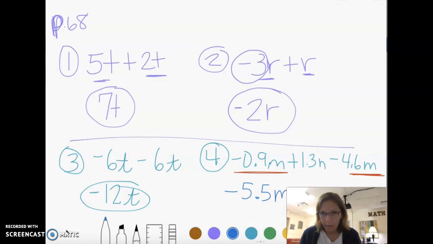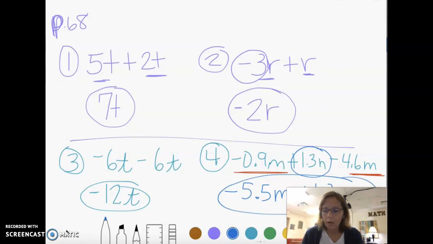Bring down the variable. And then I'm just going to bring down this other number because it had no matches, so it stays by itself. And that is as much as I can simplify that problem. I hope you can see that under my little video. I think you can. Alright, so let's do some more.